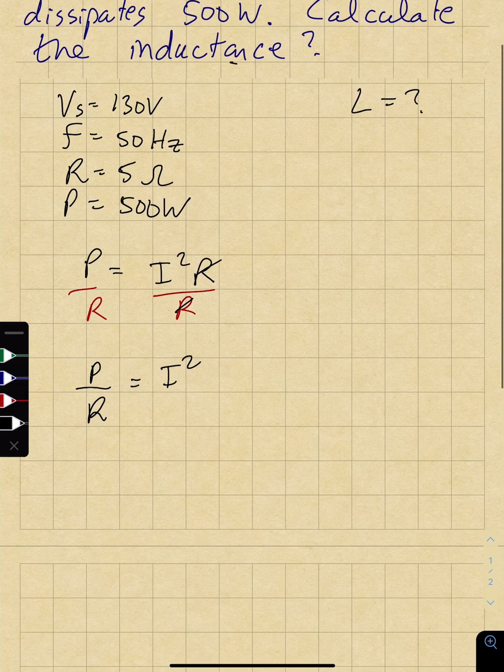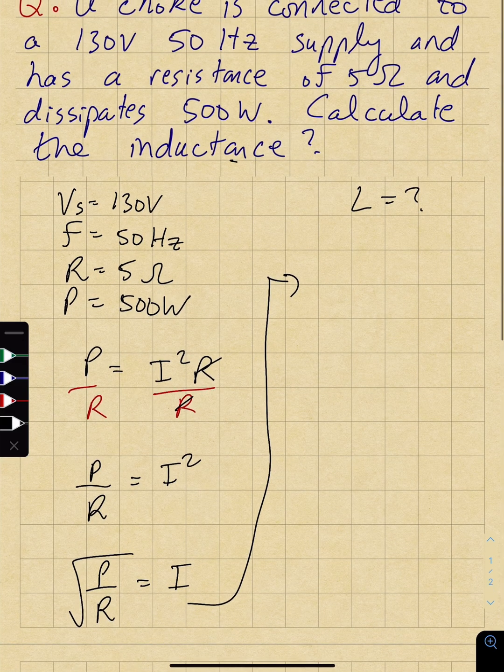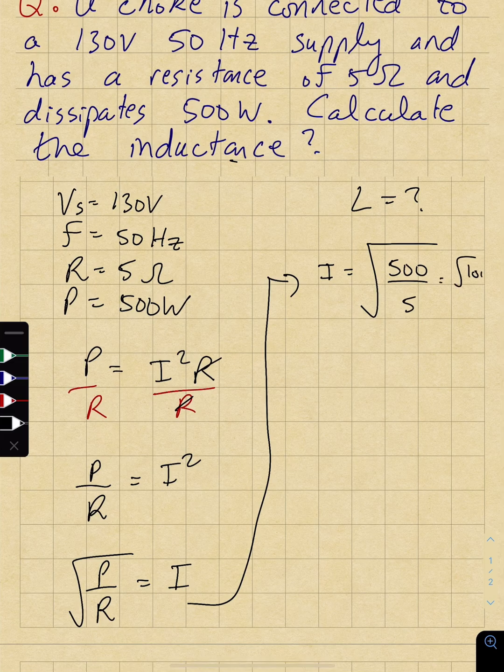So we get the square root of both sides now, and that gives us square root of P over R equals I. And now if I go back up here, I equals the square root, 500 is the power, the resistance was 5, that's going to be square root of 100, and that's going to give us I equals 10 amps.